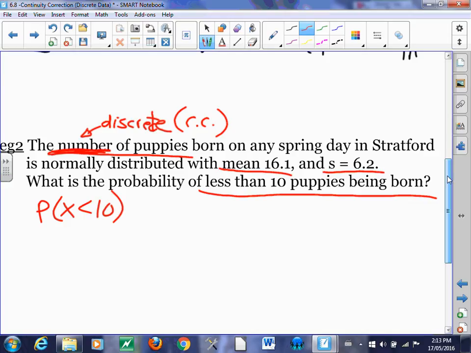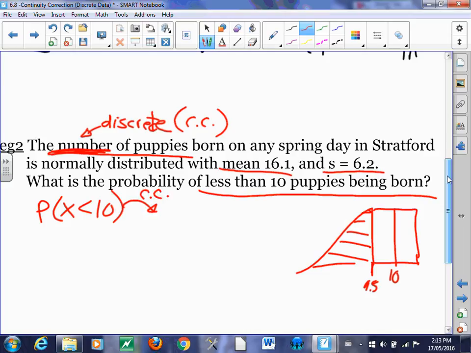So when we take a look at that, 10 is in the middle. Less than means we can't have anything in this bar, so it has to be 9.5 and less than. So it has to be that area. Okay? So to do our continuity correction, that probability is X becomes less than 9.5.